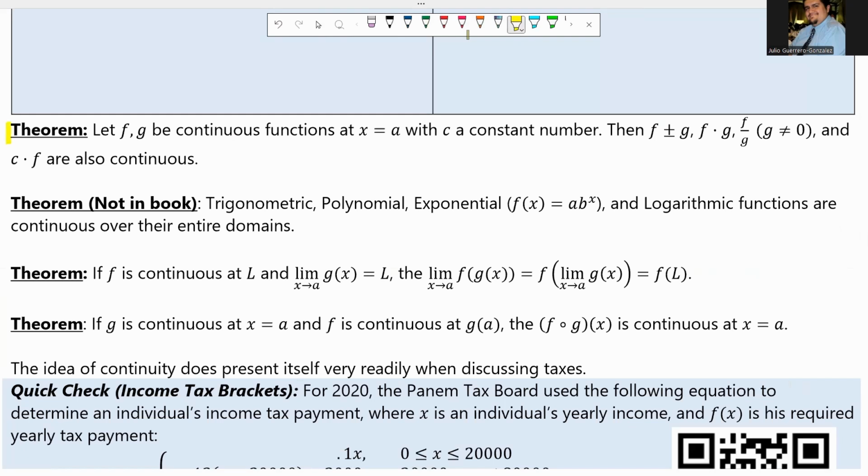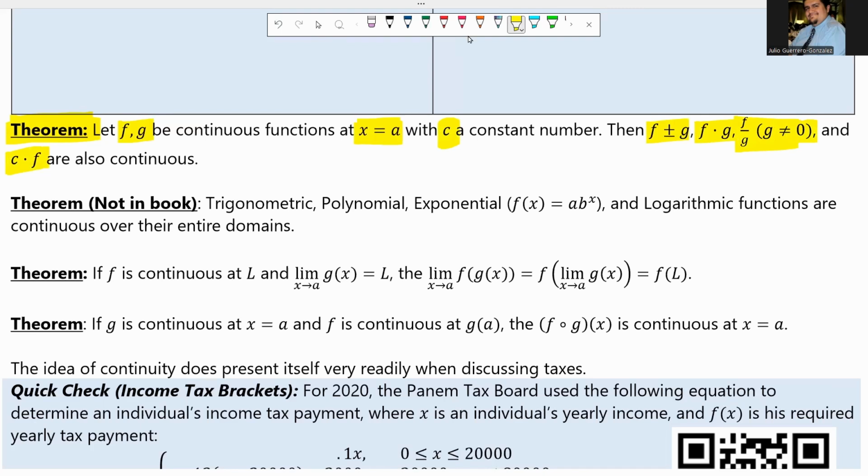Number one, suppose f and g are continuous functions at a value x equal a, with a constant number c. Then you can take it as fact that all of these are continuous.